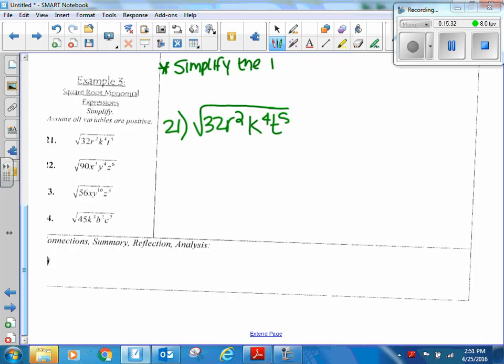So in this case, it would be 32. Then the variables. So also, for each x squared, you can take out an x.